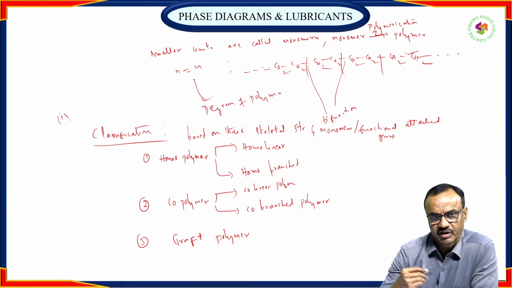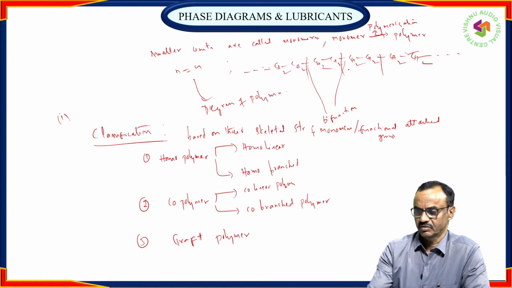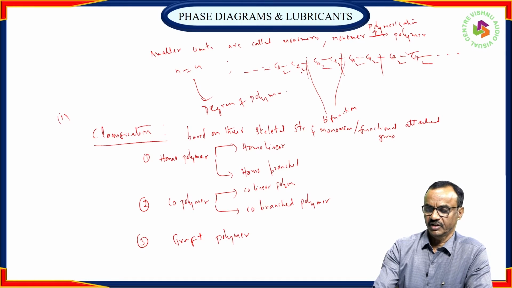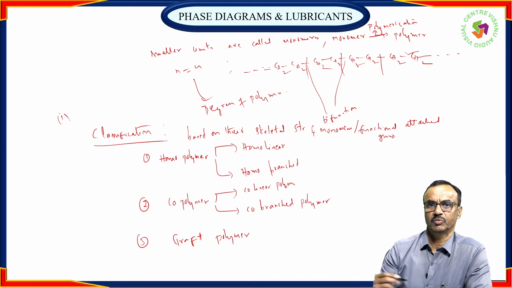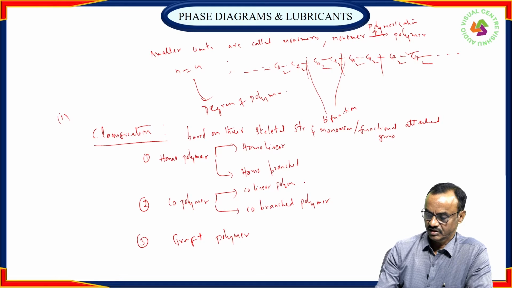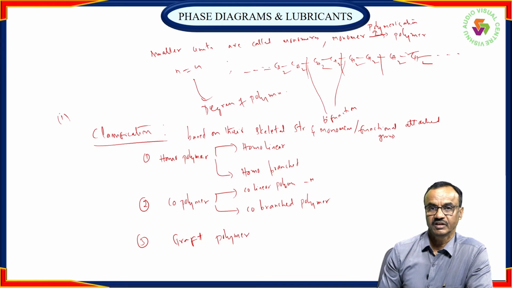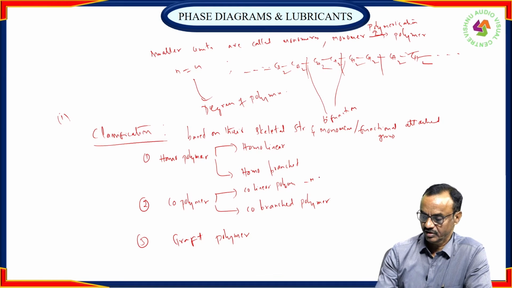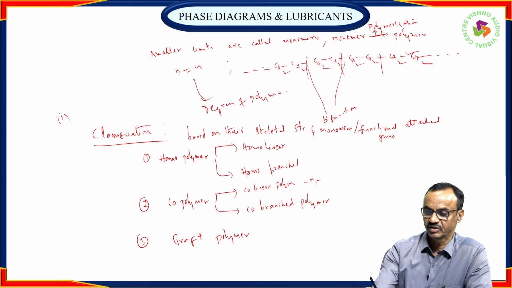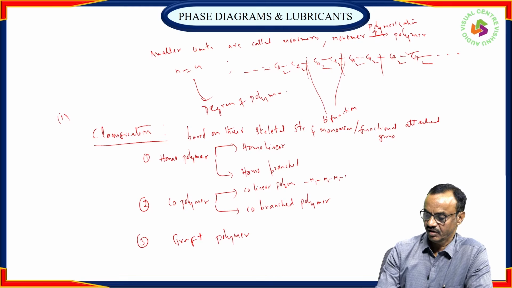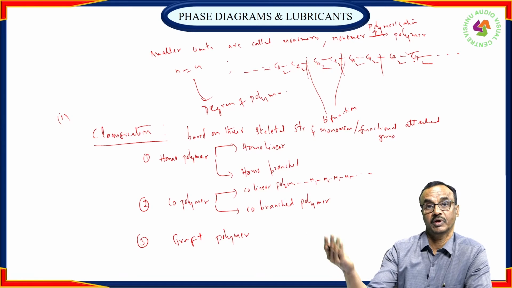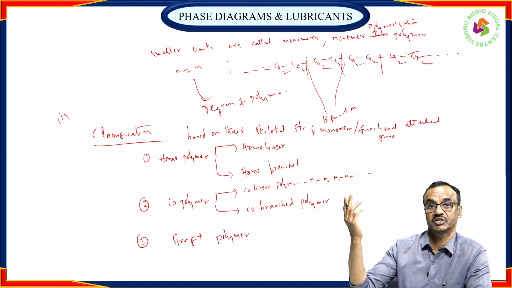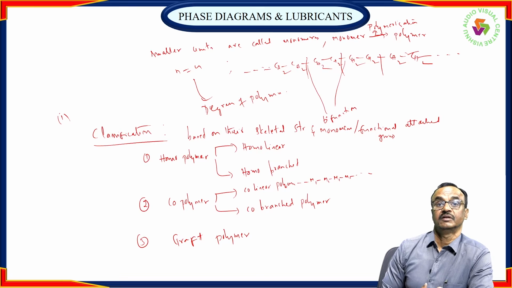First one, homolinear polymer. Example: linear, identical. Ethylene monomers are there. Instead of writing ethylene, I will write a general example, M1, ethylene is called M1. It may be 4, 8, 16, 1600, 6000.